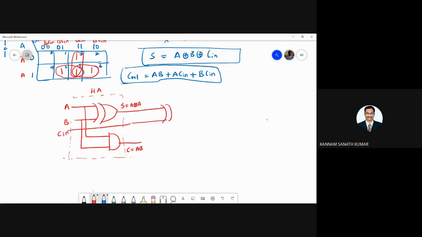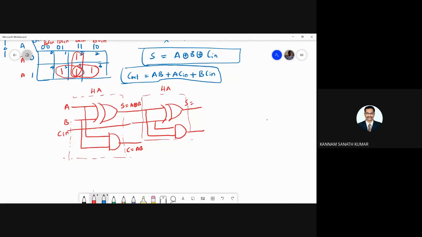It is given to one more XOR gate, and Cin with this sum out given to one AND gate. Okay. So this makes one more half adder.